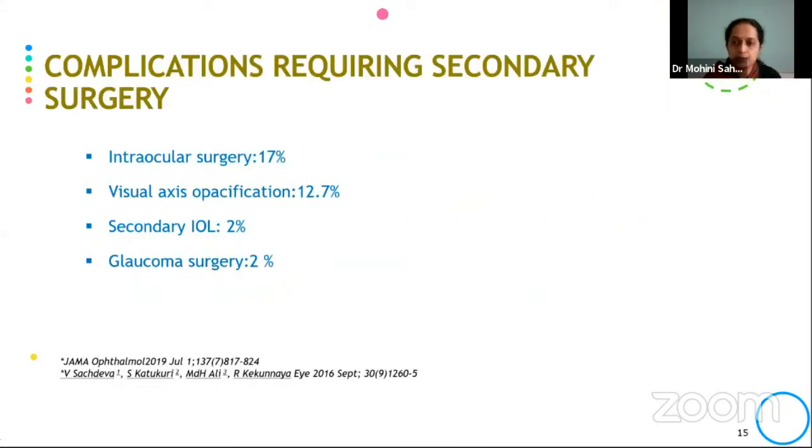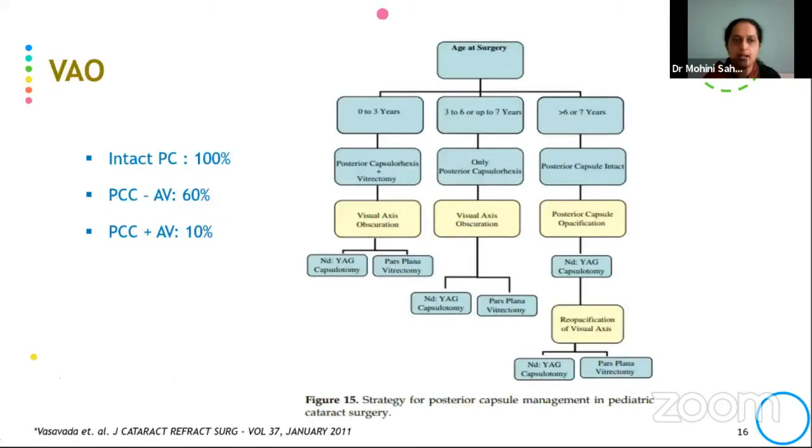Almost 17% of the children undergoing pediatric cataract surgery will require a secondary surgery, the most common cause for which is visual axis opacification, followed by secondary IOLs and then glaucoma surgery. If the PC is left intact, the visual axis opacification is almost uniform at 100%.